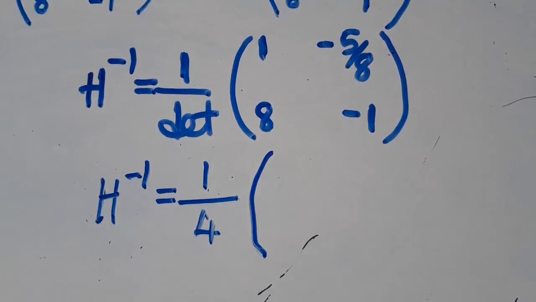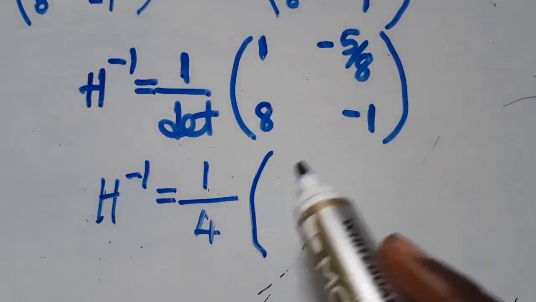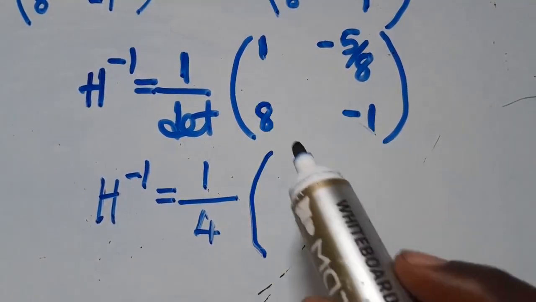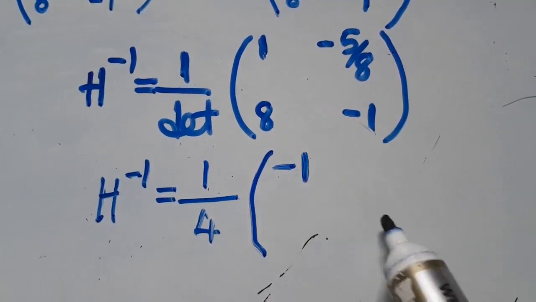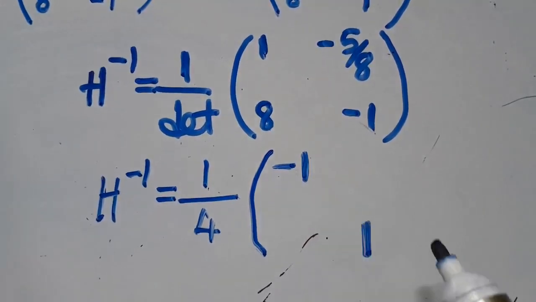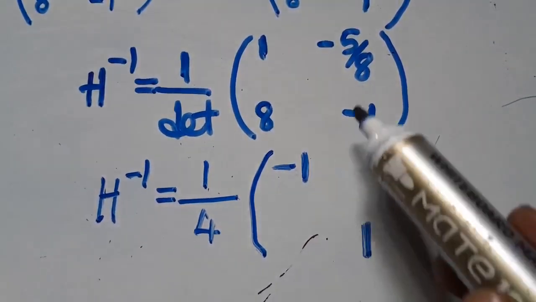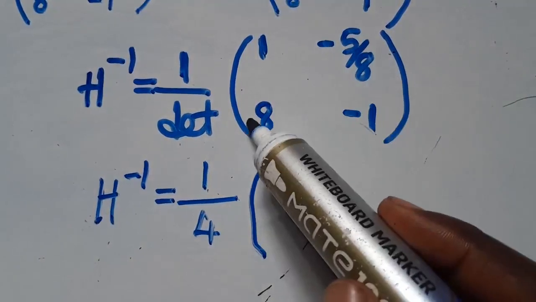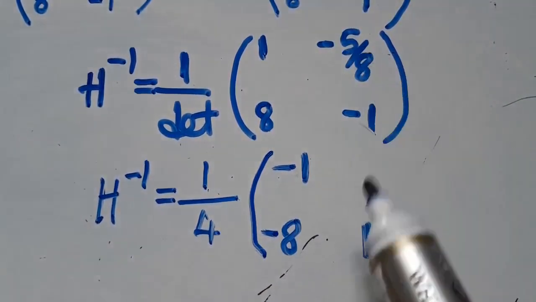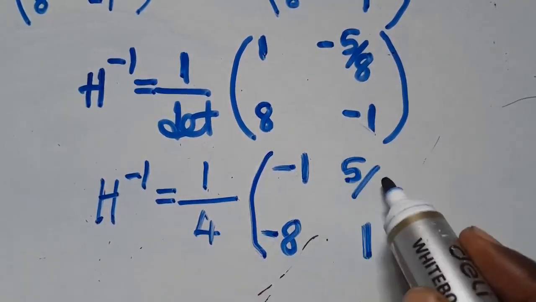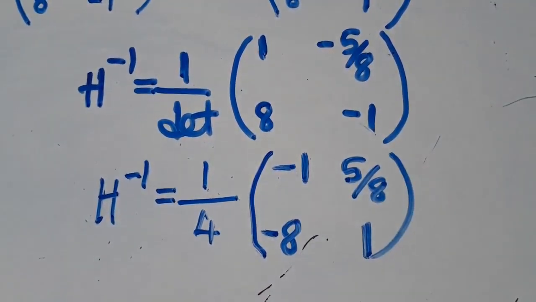So what's the answer? I know that positions will change. The -1 goes on top. The 1 comes here. So positions are going to swap. What happens here, signs? This is a positive, it becomes a negative. That is a negative, it becomes a positive. 5 over 8, like that.